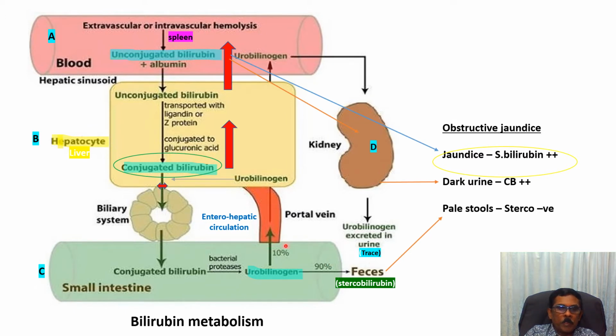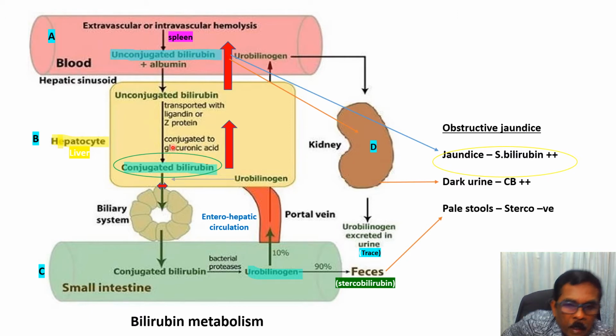Now, what happens when there's a blockage of the bile ducts in obstructive jaundice? This red arrow here shows the site of blockage where the bile ducts are blocked, for example, this common bile duct. As a result of this blockage, conjugated bilirubin accumulates in the liver in high concentrations.